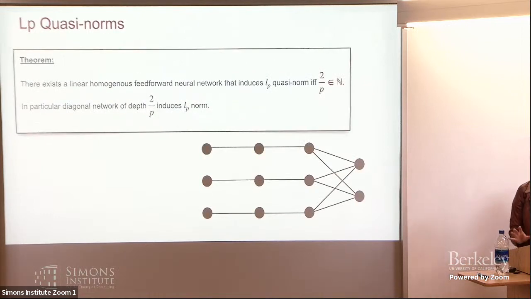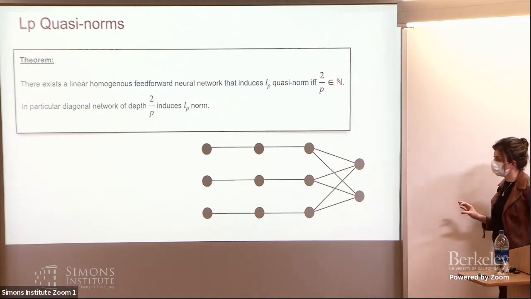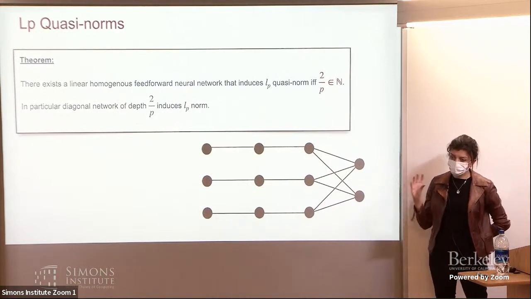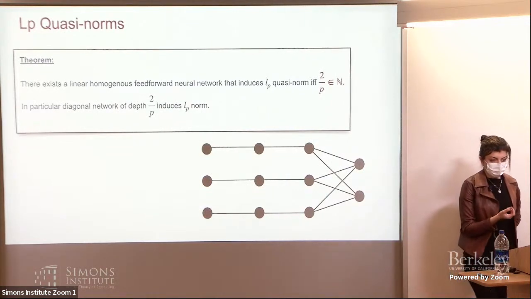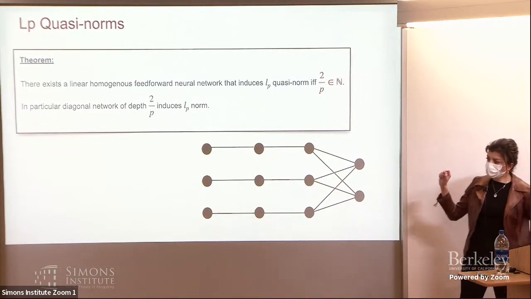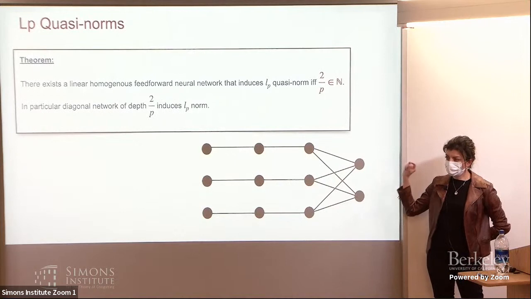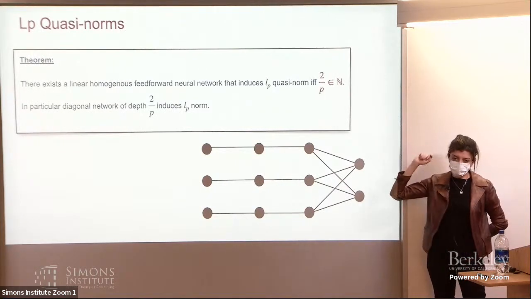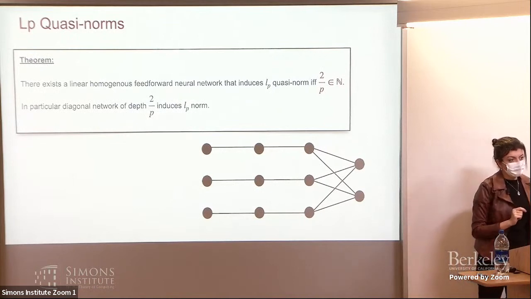So the first and simplest and kind of cleanest result is on the LP norm: if we care about inducing the LP norm as the regularization in the function space, then first of all, this is only possible using linear homogeneous networks if 2/p is a natural number.